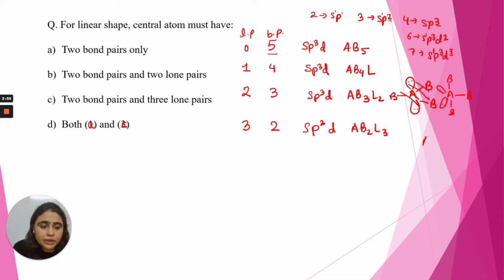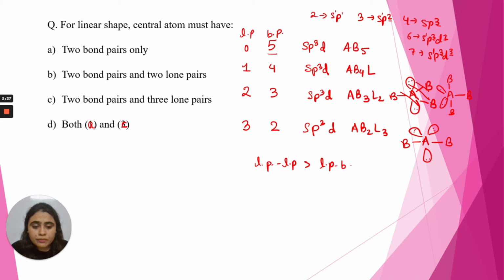Now what will be the shape? 2 bond pairs, and the 3 lone pairs will be at the vertices of the triangle, so that it can have minimum repulsion and maximum stability, because lone pair-lone pair repulsion is much greater than lone pair-bond pair repulsion, which in turn is greater than bond pair repulsion. So lone pair repulsion is more, that's why lone pairs will occupy the 3 vertices of the triangle to acquire minimum repulsion and maximum stability.